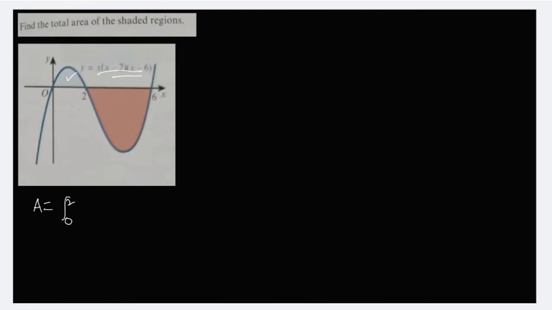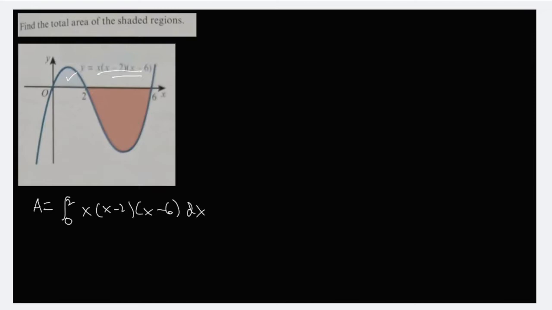Now, the given is y, so just proceed directly with the given. That becomes x times (x minus 2) times (x minus 6) dx. Let's simplify the given by multiplying all the terms.